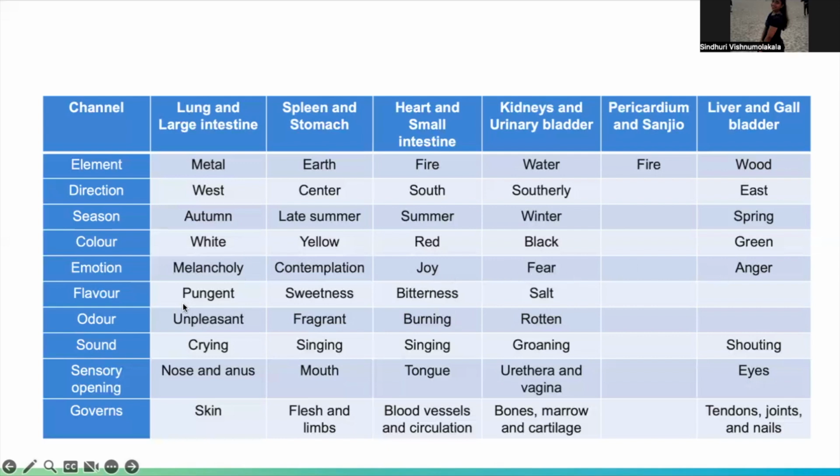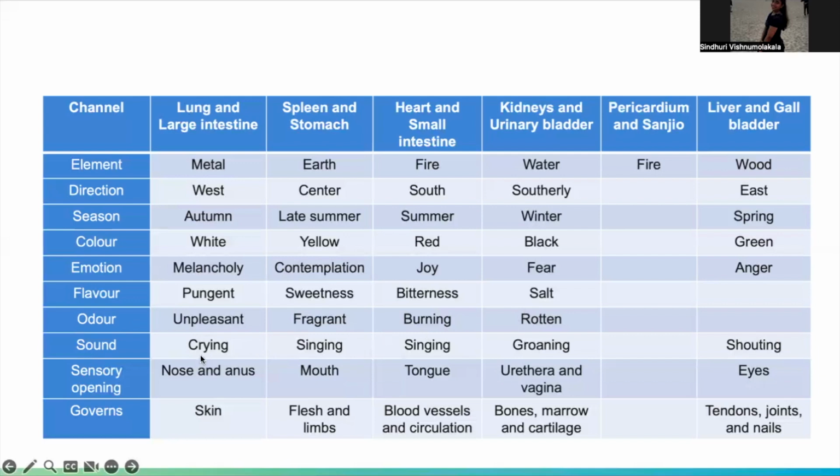The flavors related to lung and large intestine are pungent, to spleen and stomach sweetness, heart and small intestine bitterness, kidneys and urinary bladder salty. The odors related are unpleasant, fragrant, burning, and rotten.